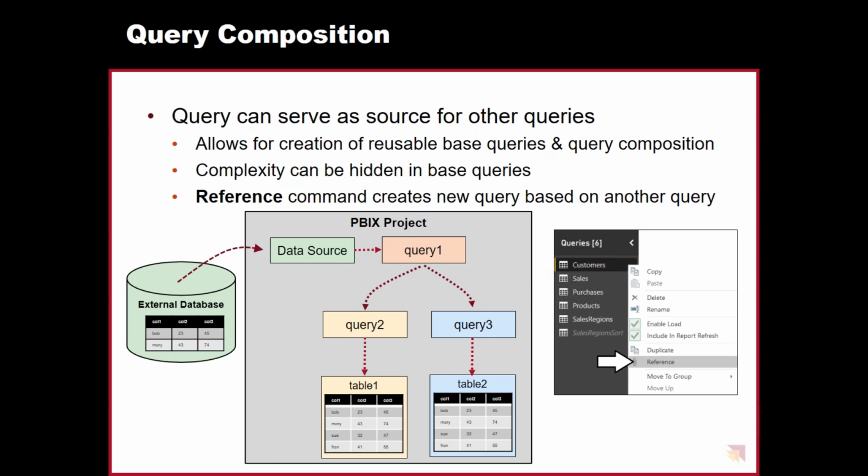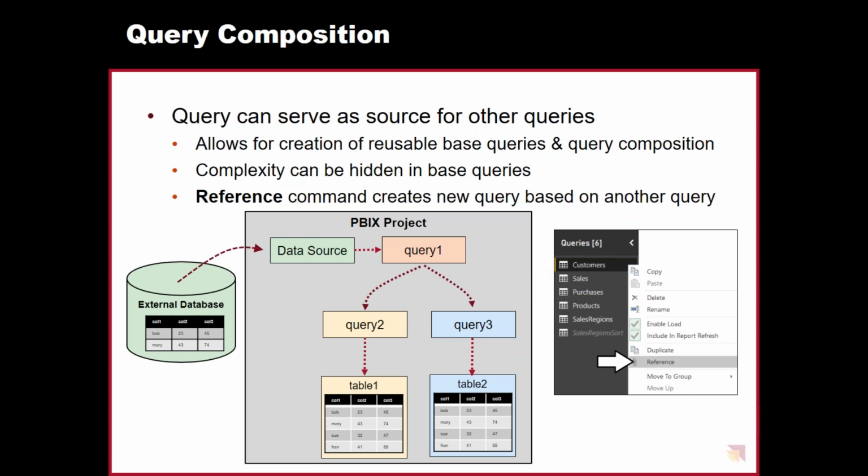Okay. Now, another thing I wanted to point out is that there are a couple different commands that we can run on queries. We can either duplicate or reference a query.